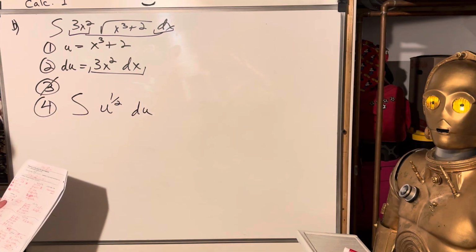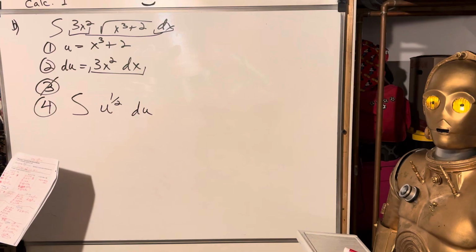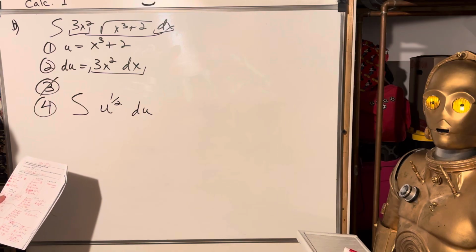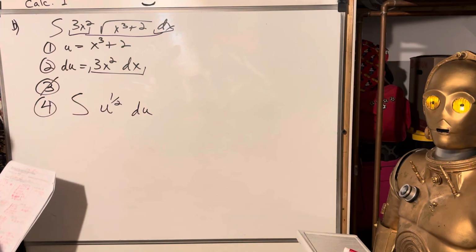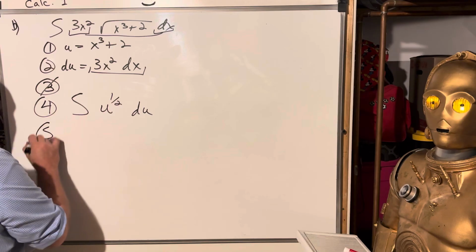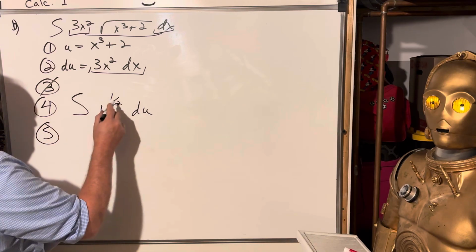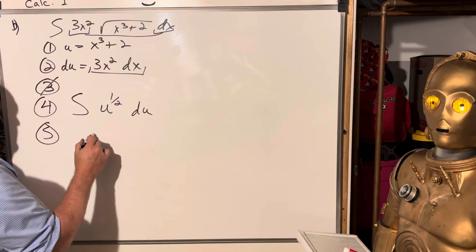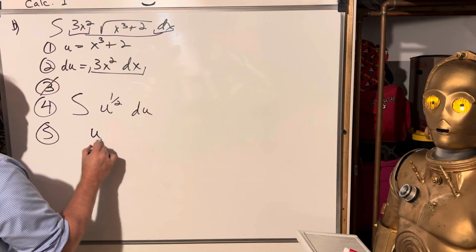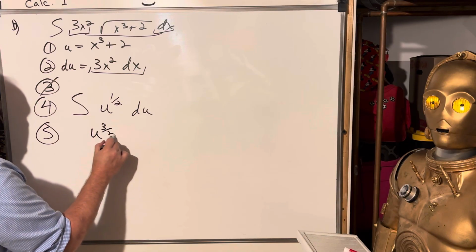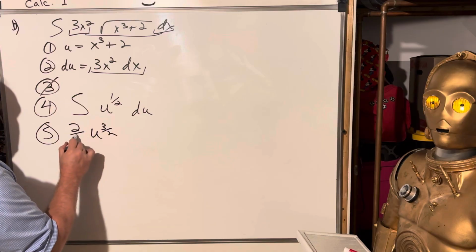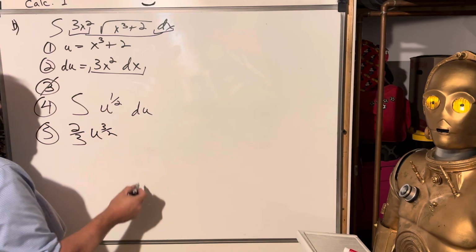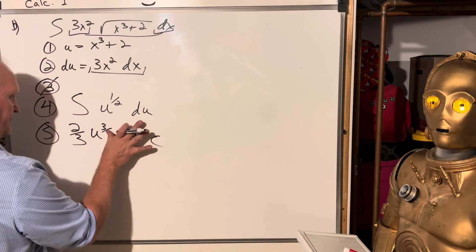All right. Step 5 is, let's integrate it. So how do we integrate? We add 1, so that's u to the 3/2, and then times the reciprocal as the coefficient, 2/3, plus c.